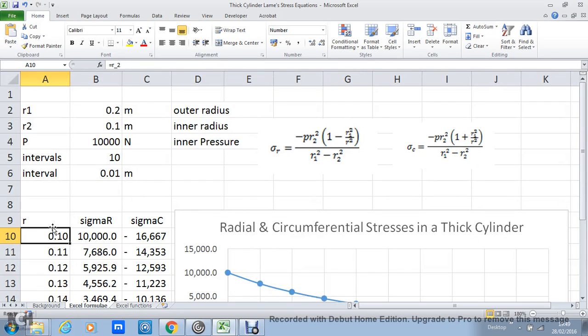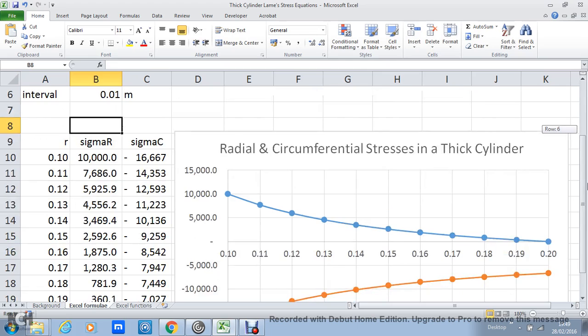So if we look at the formula here, first of all, we set up the radius here. I'll just make that right aligned. If you notice here in cell A10, I say that's equal to R2, so it's equal to the inner radius. I have the interval worked out here, which I've called step. I could have called it an interval. I basically say the radius at this next position is R2, which is the inner radius, plus this interval here, which is 10 millimeters.